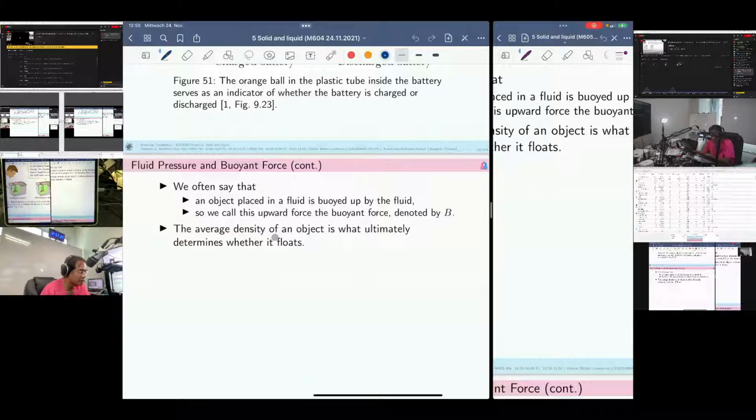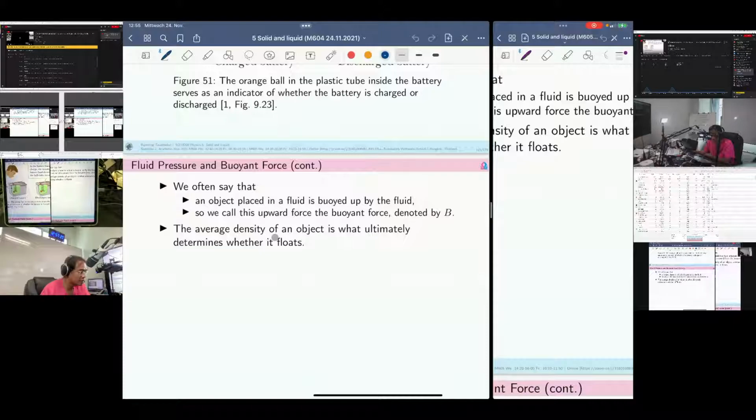Okay, let's take a look at figure 52, on page 117. We are considering a glass that is full of water, and you let a piece of an object get into this water, right?